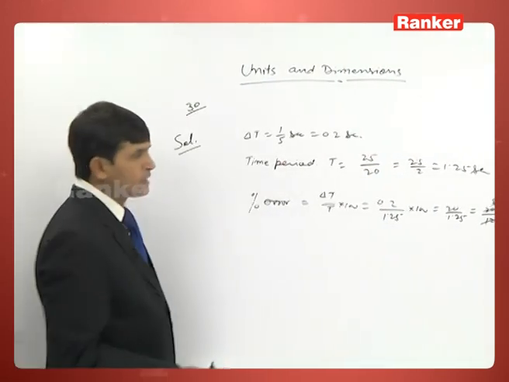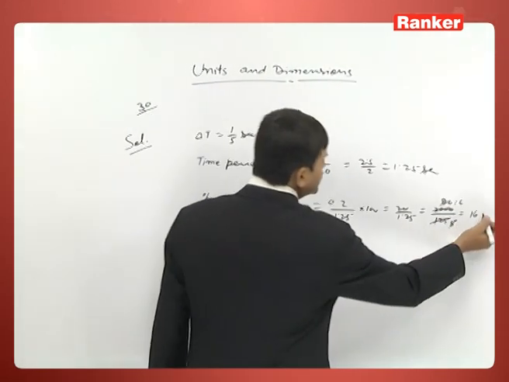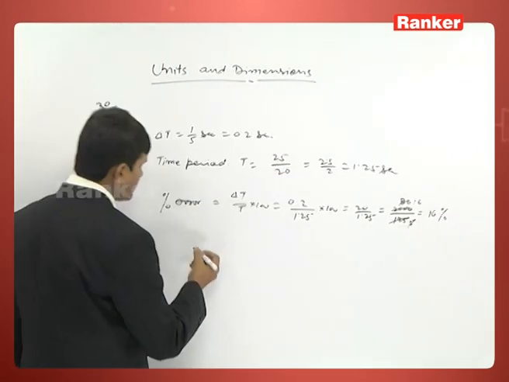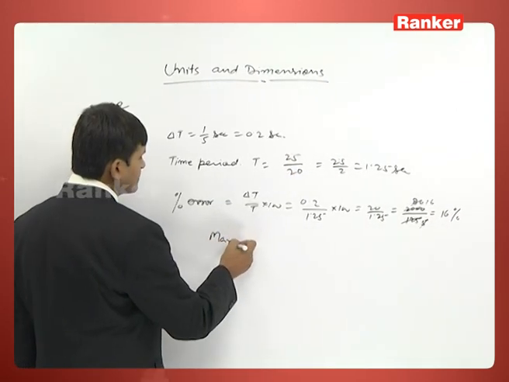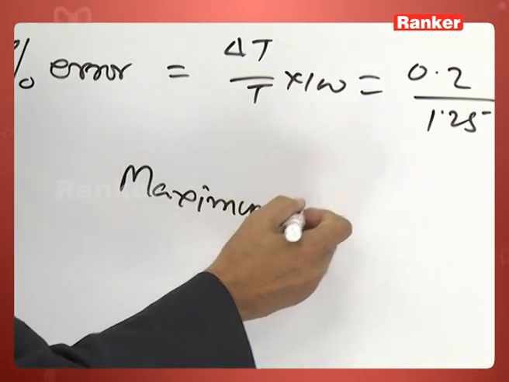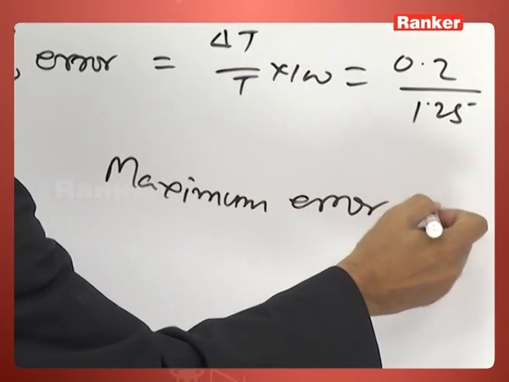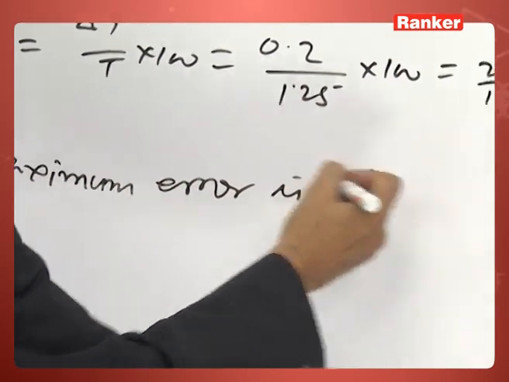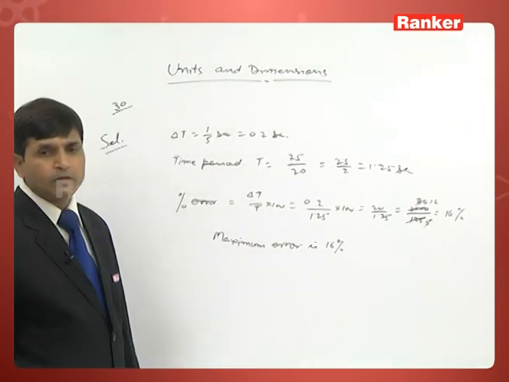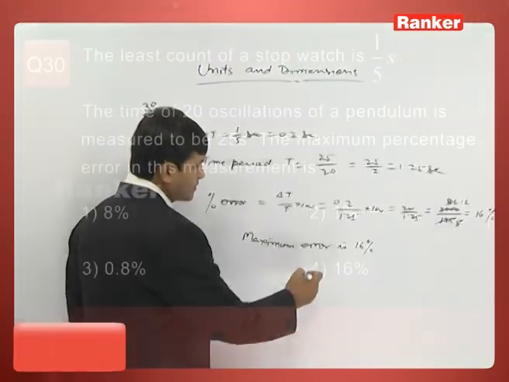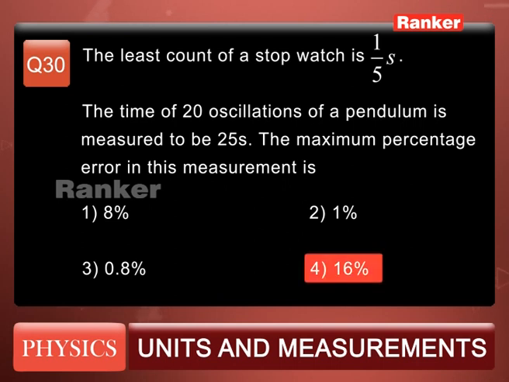So we are getting the answer 16%. So the maximum error is 16%. So the correct option is option number 4. So the answer is option number 4. So this is question number 30.